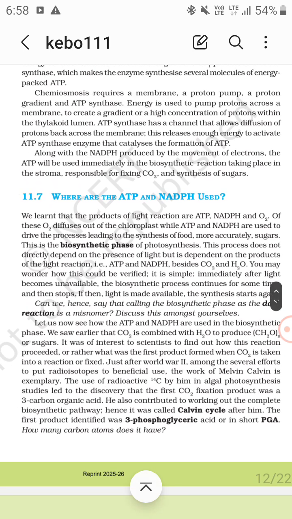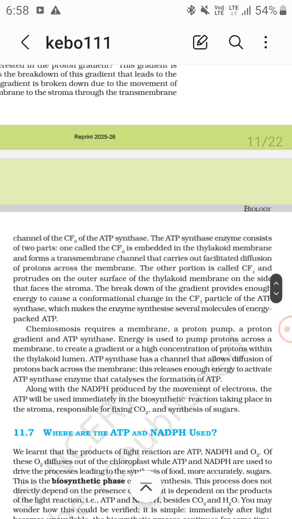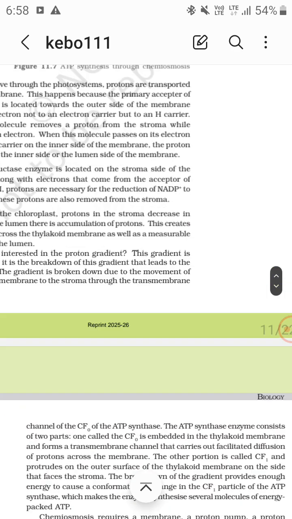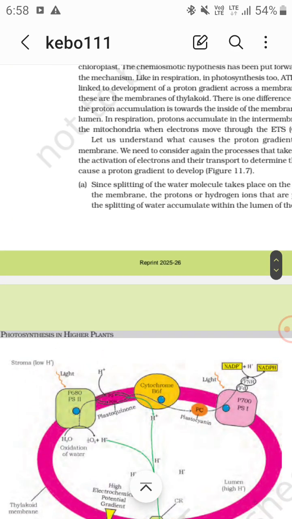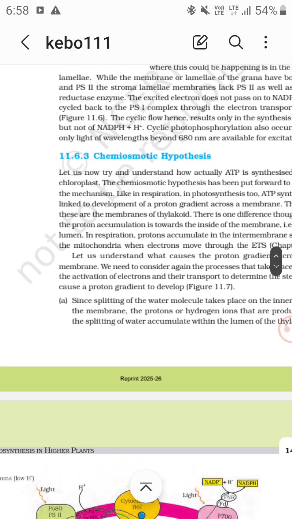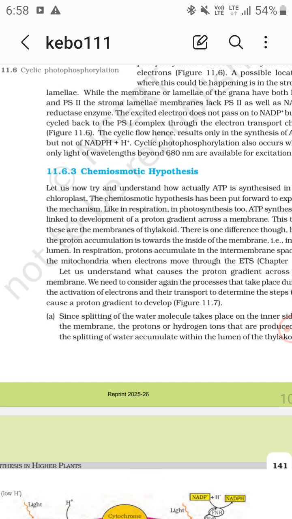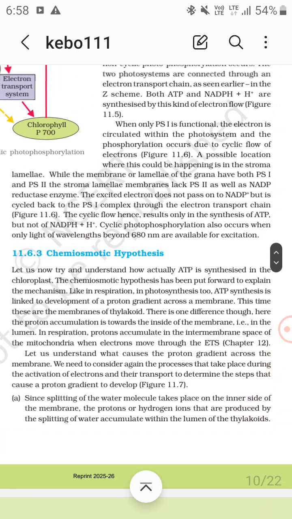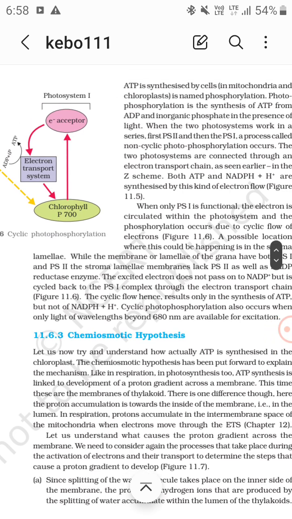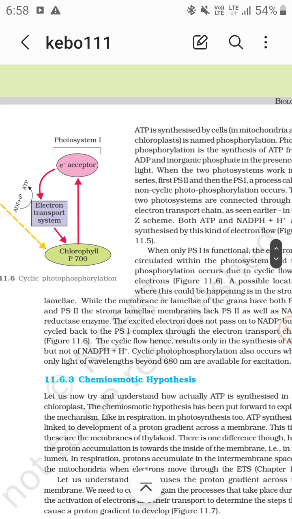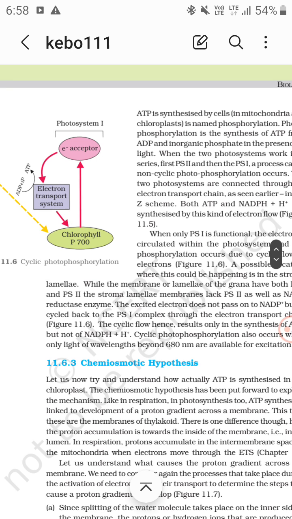Now, where are the ATP and NADPH used? In here, cyclic and non-cyclic. As I told you, in cyclic there is only ATP formation, because the same electron gets recycled back. But in PS2, the electron is lost, so it is replaced by the water.